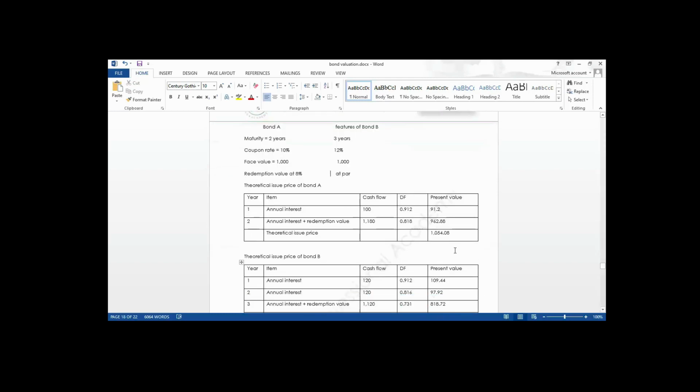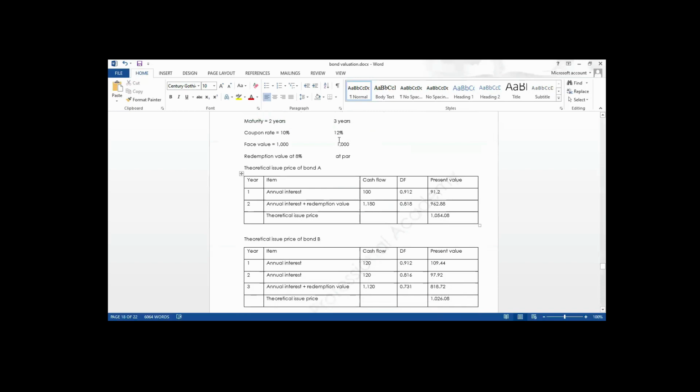We have resolved bond A. The 12% is calculated on nominal value: annual interest year 1, 120, annual interest year 2, 120. In year 3, we have the annual interest plus the redemption value, 120 plus 1,000. That will give you 1,120.